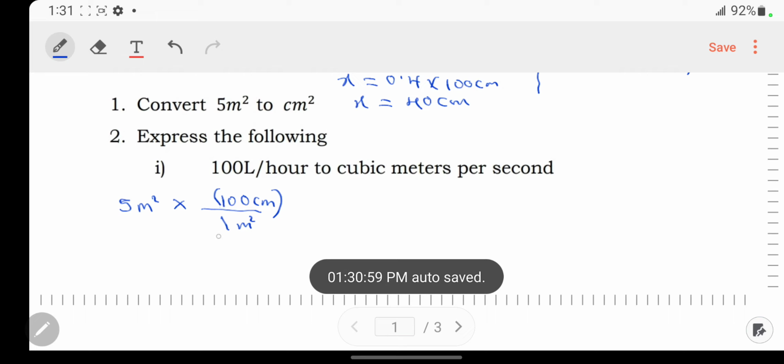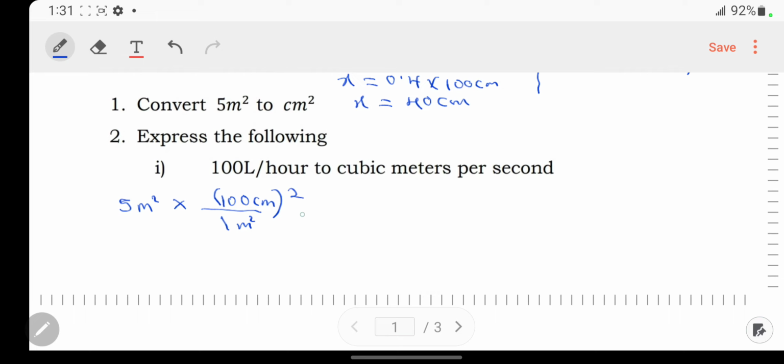Since we are looking at the squared, we are going to have 100 centimeters, then we are going to square, which will give us this meter squared, and this meter squared will go. So we have 5 by 100 squared, which is 10,000 centimeters squared. When we multiply, we have 50,000 centimeters squared. That is how we convert using the chain link conversion.